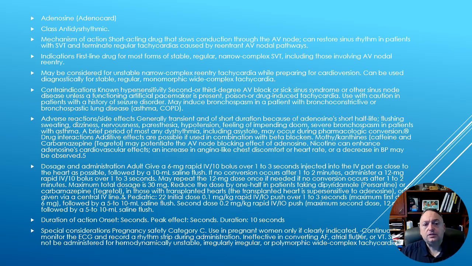If we give 6 milligrams of adenosine, it might not work. So we can give a subsequent dose of 12 milligrams rapid IV push after just a minute or two, because by the time we draw it back up, we can go ahead and give that 12 if that first 6 does not work. 6 milligrams and 12 milligrams specifically.